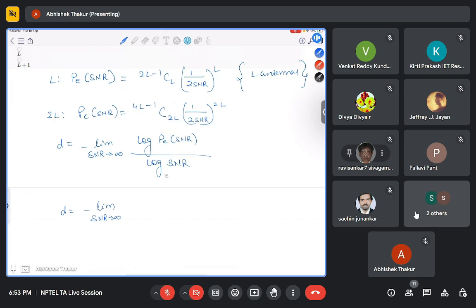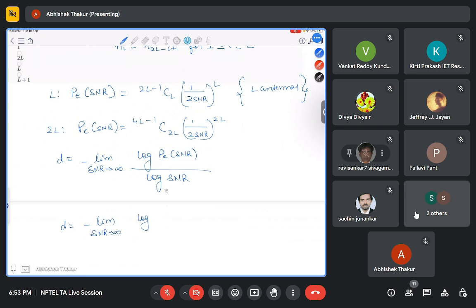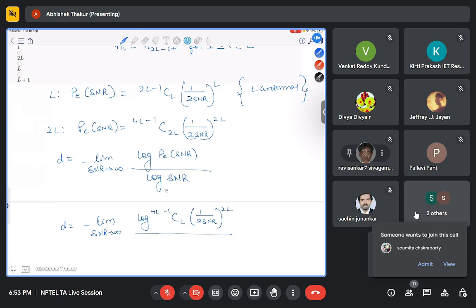So this will become log of, sorry, here it will be 4L divided by log of SNR value.